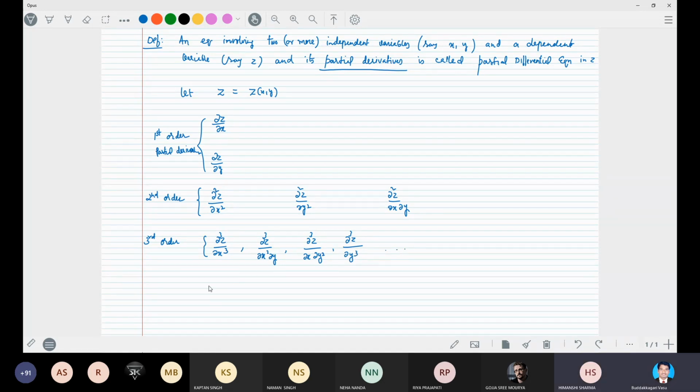So like that we can do, and so on. That means the higher order derivatives of z can be written like this.